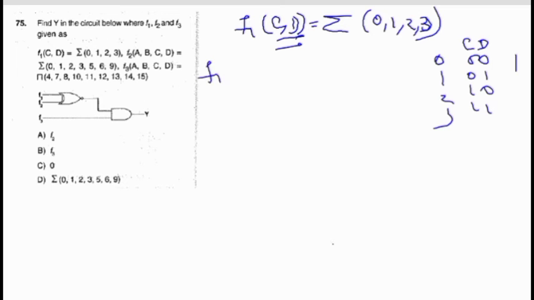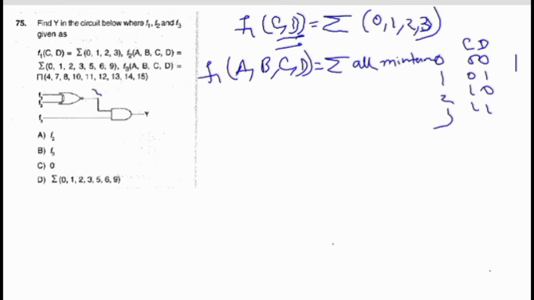Now if we write F1 ABCD, how many min terms? It will have all the min terms, right? Because for A and B we can have any combination of 0 and 1, right? So it will have all the min terms. Now let's look at the circuit.